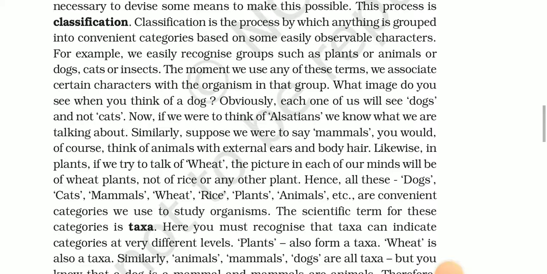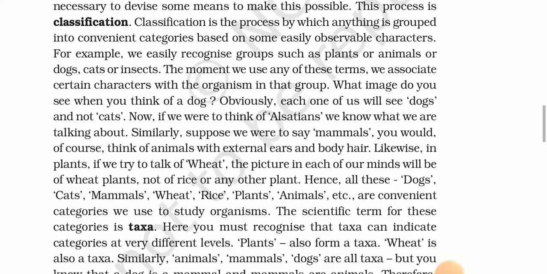So if we take the example of a dog, we'll think of dogs, Alsatians, mammals, wheat, everything. The scientific name for this categorization is taxa.